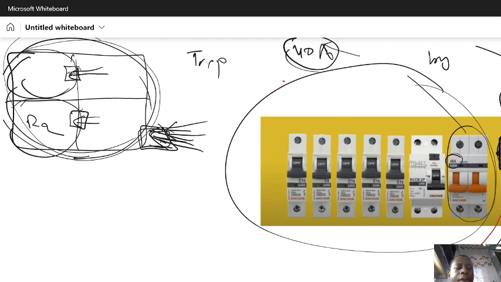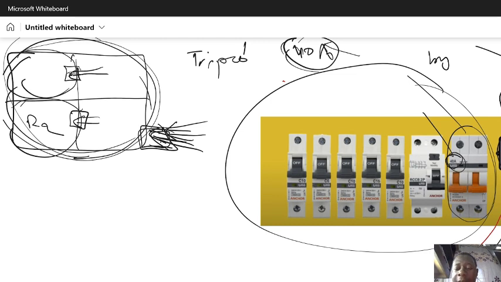It will shut down, because the current exceeds 40 ampere, the rating of this circuit breaker. So we connect the circuit breaker for protection in case the electricity exceeds 40 ampere.